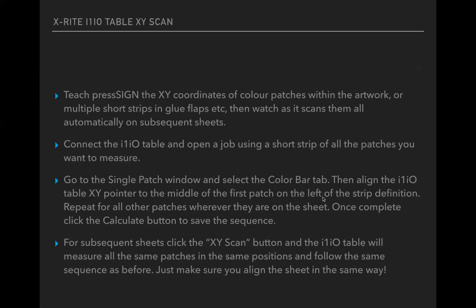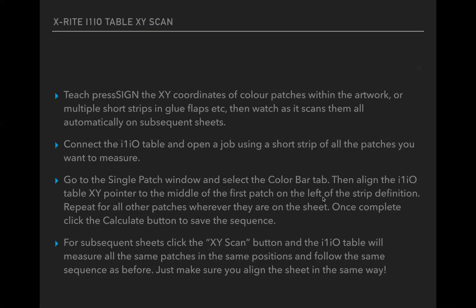But instead of simply doing the scans, the i1 Pro on the I/O table is actually on the arm. So you move the crosshair of the device to the first patch and click the measure button. And then you move it to the next patch and click the measure button. When you've done that for all of the patches in the strip, you click calculate.